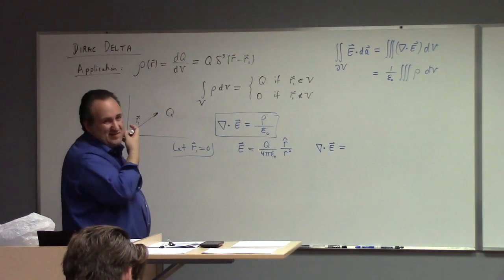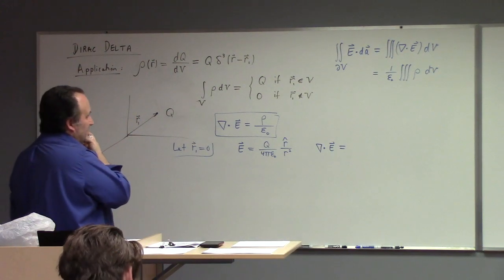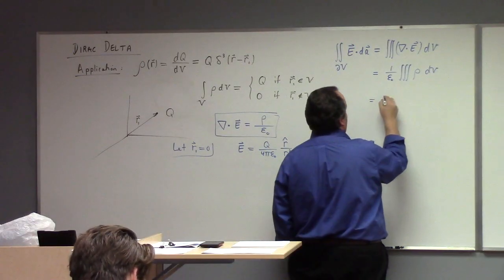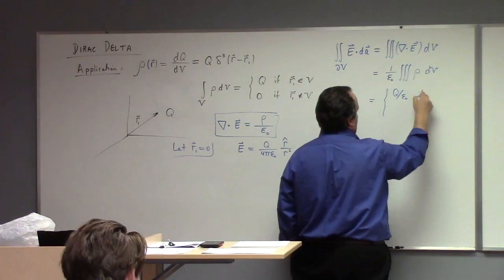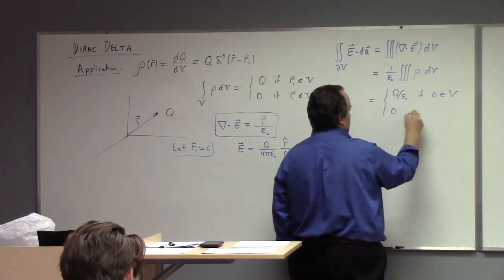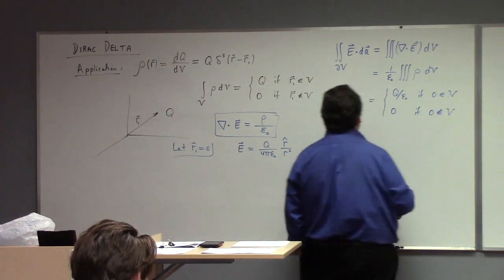But how does that work? That integral is equal to q over epsilon naught if 0 is an element of the volume, or 0 if 0 is not an element of the volume.